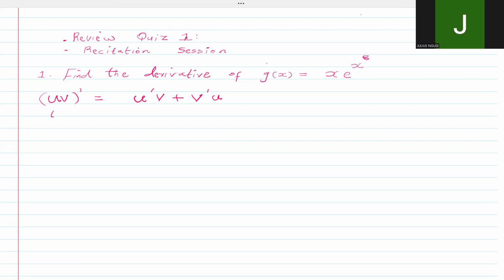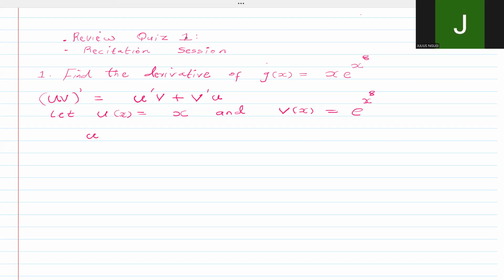So we let u of x be x and v of x be e to the power of x to the power 8.